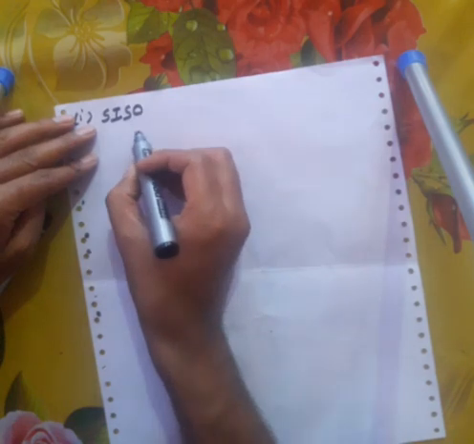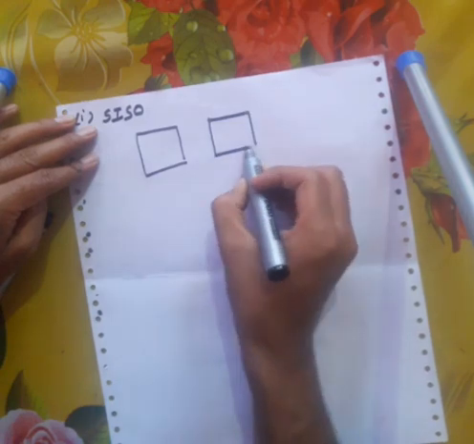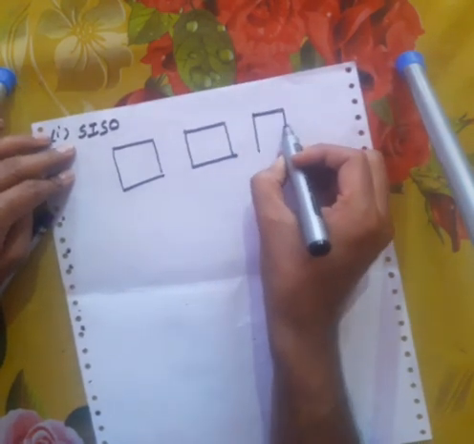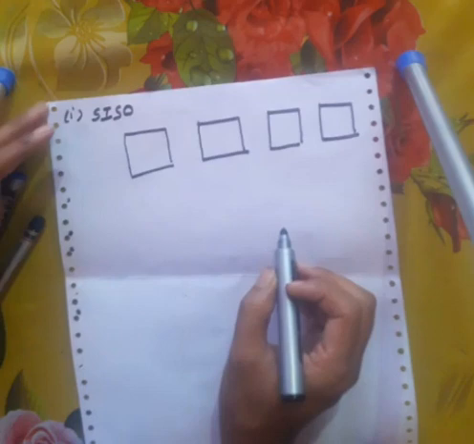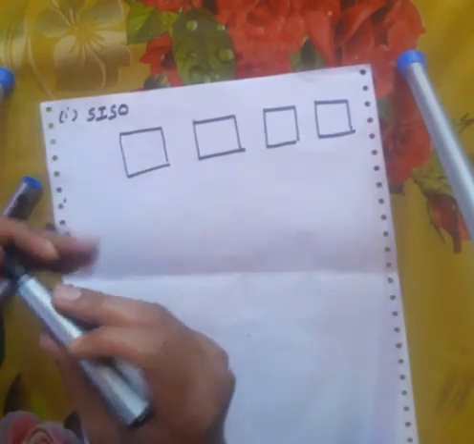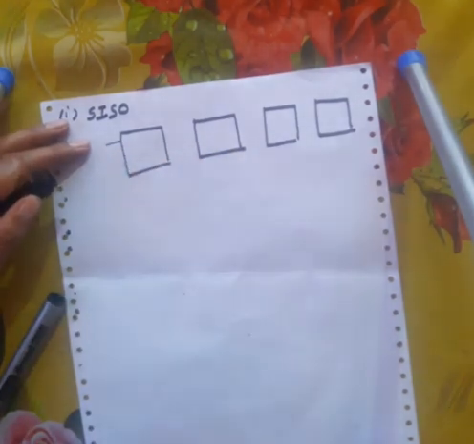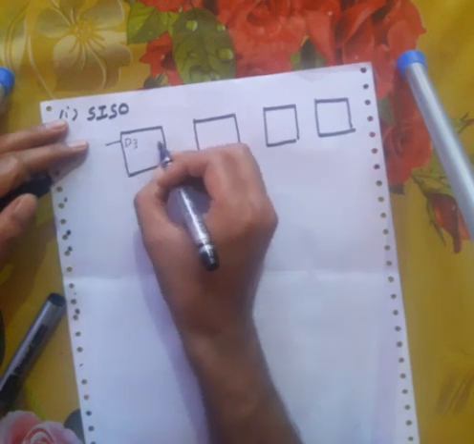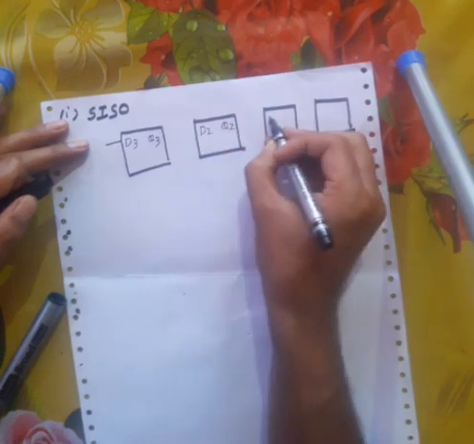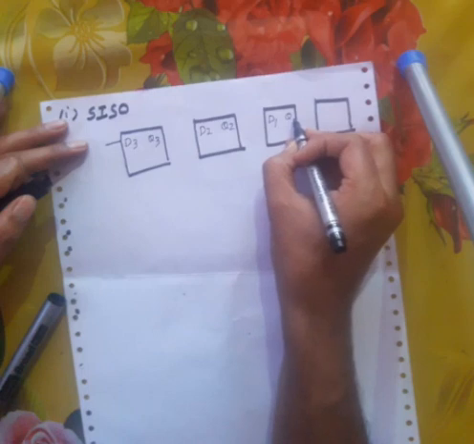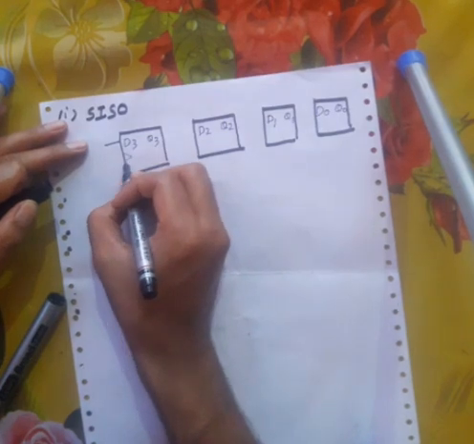This is flip-flop 1, this is flip-flop 2, this is flip-flop 3, and this is flip-flop 4. The first flip-flop's input is D3 and its output is Q3, this is D2, this is Q2, this is D1, this is Q1, this is D0, this is Q0, and clock pulse.